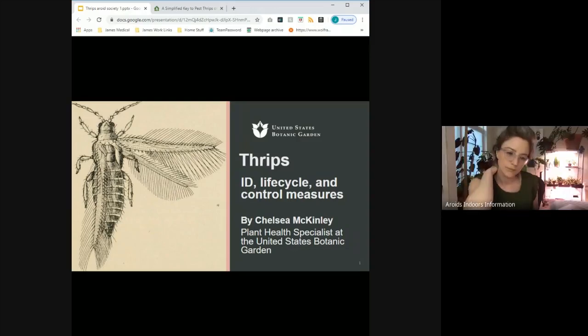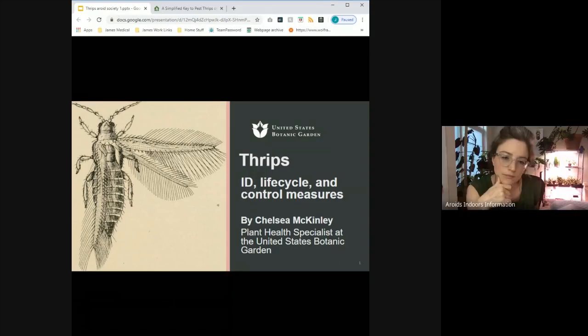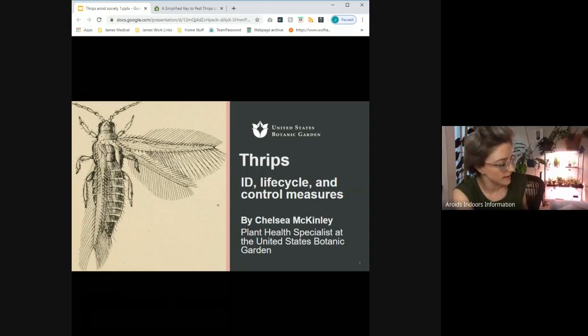So if you have a lot of air movement, then you get more movement of thrips. But again, if your plants are close to each other, they can simply crawl from one plant to another. And during their stage when they're in the ground, do they eat the roots?